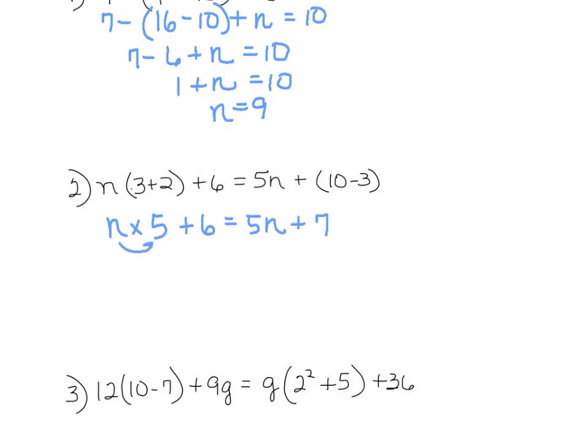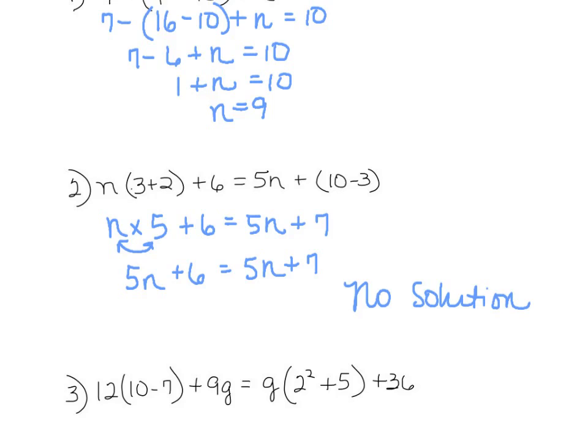Now, by the commutative property this can be written, and should be written, as 5n + 6 is equal to 5n + 7. And so 5n + 6 equals 5n + 7. Here we have no solution. There is no value for n that will make this equation true.